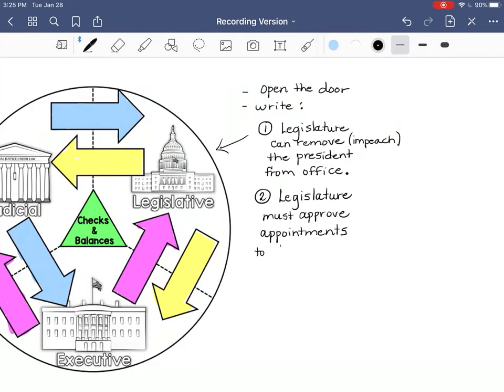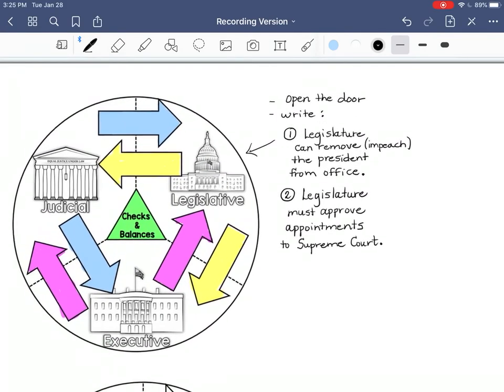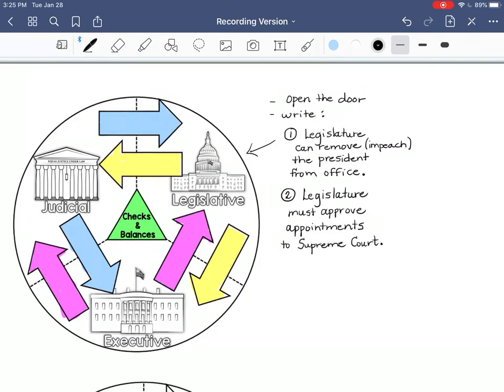So they have power over the Supreme Court in that way. So under that one door, we're talking about the power of the legislature. And I'm going to stop the video, and then we'll do the next door, which will be this one down here, the executive branch. But I'm going to stop this video so this doesn't get too confusing.